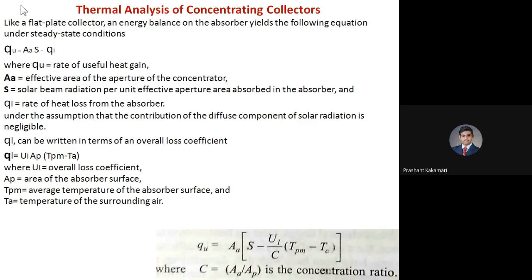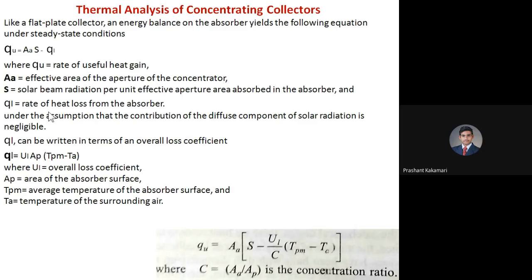So that useful heat depends upon the area of the absorber or receiver into the total solar radiation falling on the absorber plate or a tube or a body, or it is a point, minus Q loss. This is the losses which are going to take place from the absorber plate or the collector area.